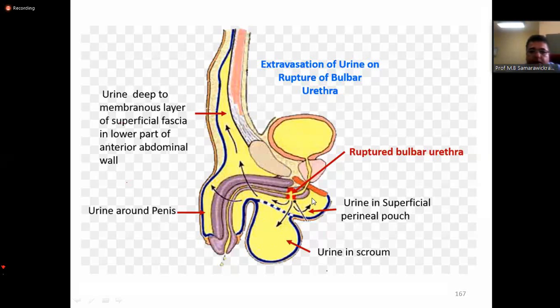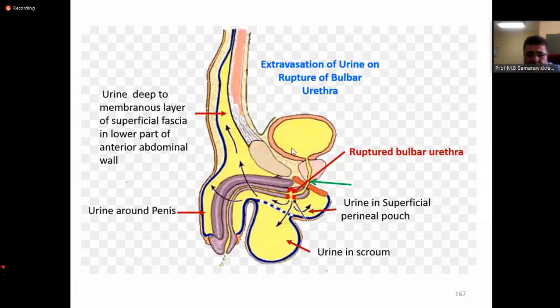And this is the ruptured bulbar urethra, and a ruptured membranous urethra, the urethra above the membrane, between the prostatic and membranous urethra junction, can commonly occur in pelvic fractures, which results in extravasation of urine into the pelvic cavity, right? Retroperitoneal extravasation.